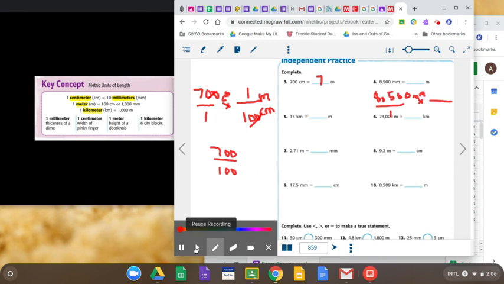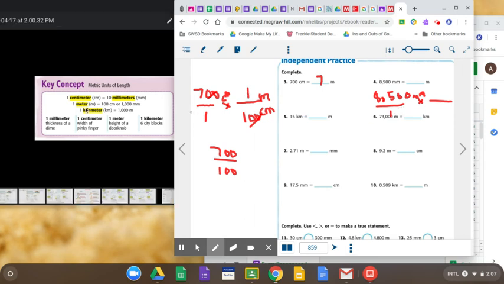All right, for the next one here, I already kind of filled it out here. This is 8,500 millimeters equals how many meters? The first thing you always do is put 8,500 millimeters over top of 1, like you would do with any multiplying a fraction or multiplying a whole number. And then you go over here and you're looking at your conversion chart. I'm looking for meters into millimeters.